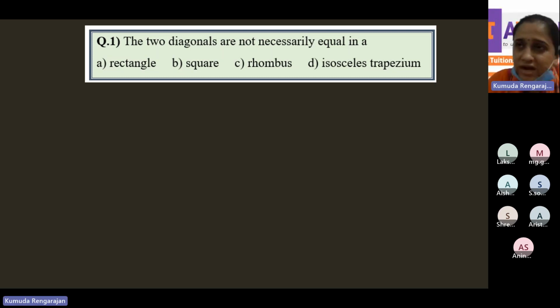In a parallelogram, also diagonals are not equal. In a rectangle, square, and isosceles trapezium, diagonals are equal. So what is the statement here? The two diagonals are not necessarily equal in a rhombus, because in the other figures, the diagonals are always equal.